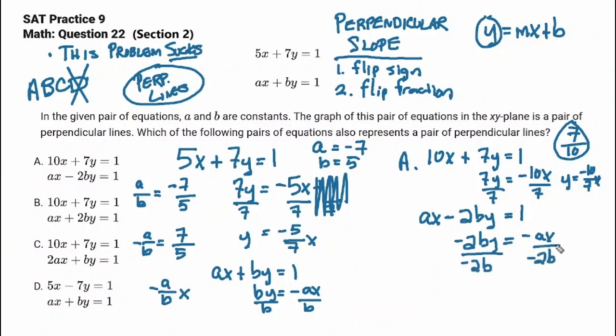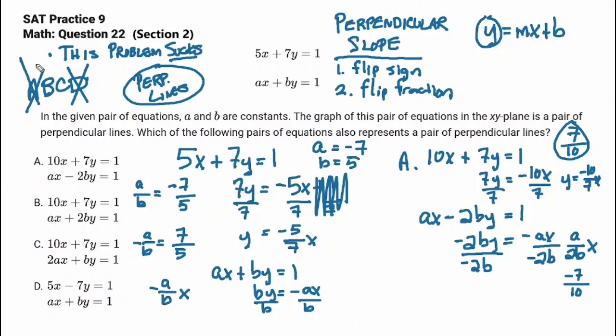Remember that a negative divided by a negative is a positive, so what's the slope? It's a over 2b x. Now what's a? A is negative 7, and b is 5, so it's 2 times b, 2 times 5, which is 10. Negative 7/10. We were looking for 7/10. Is that the same? It's not.